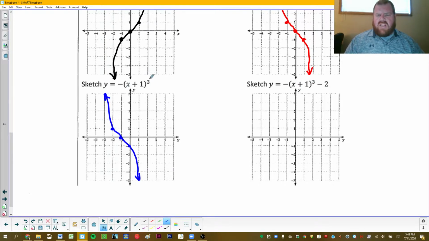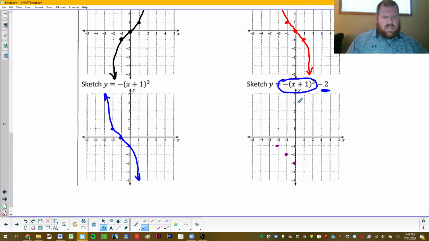Okay. Then I'm going to take this one, because that's all that this is right here, and I'm going to do this -2 on the outside. -2 drops it down 2 points. So I'm going to take my new 0, 0, which is that -1, 0, and drop it down 2 points. And I get a point there and a point there.